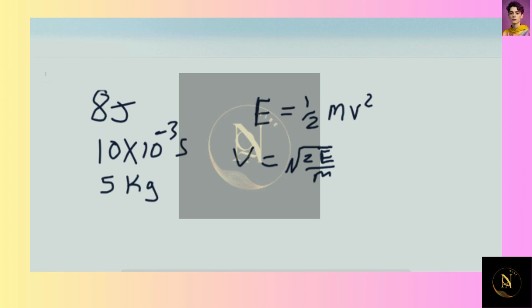All right, so v equals root 2E over m. And this is where we remember that E, that's this energy here, this 8 joules.